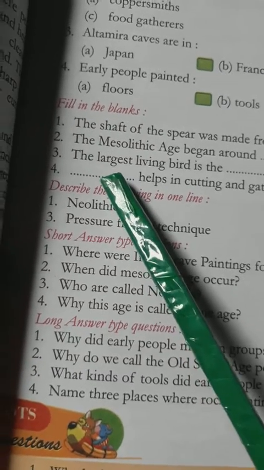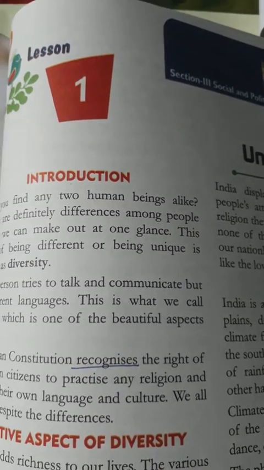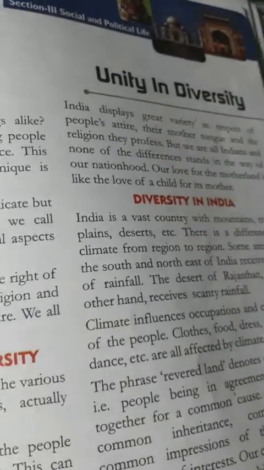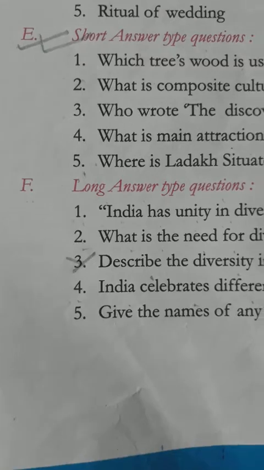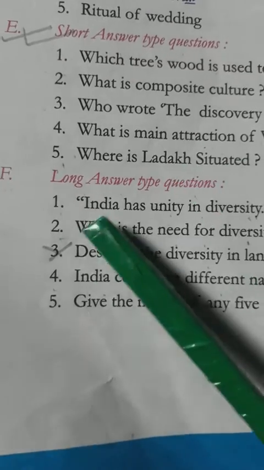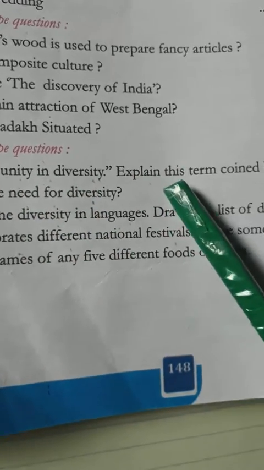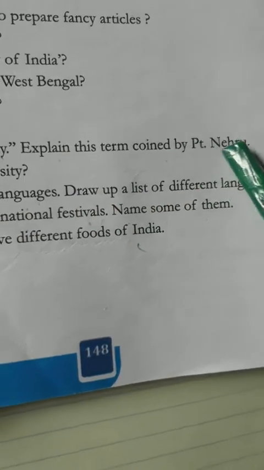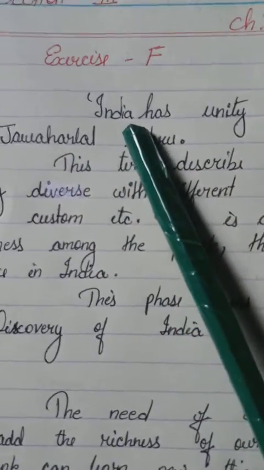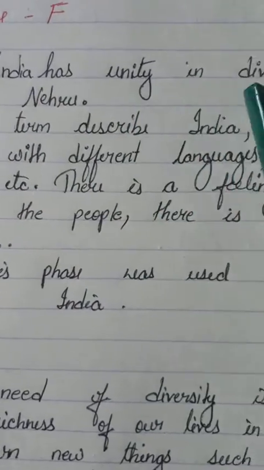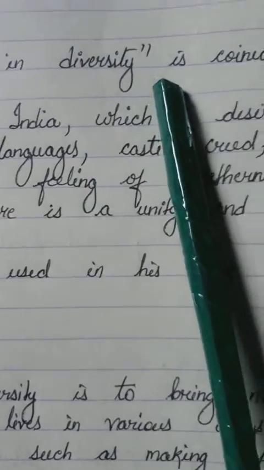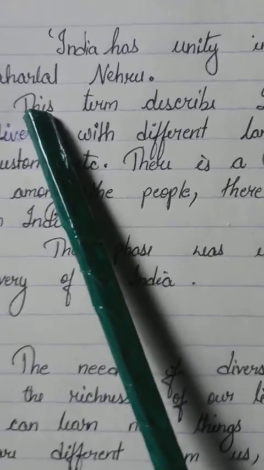sickle. Okay. Now section 3, chapter 1, that is unity in diversity. Turn to your exercise. Your long answer type questions. Number 1. India has unity in diversity. Explain this term coined by Pandit Nehru. The answer: India has unity in diversity is a term coined by Jawaharlal Nehru.